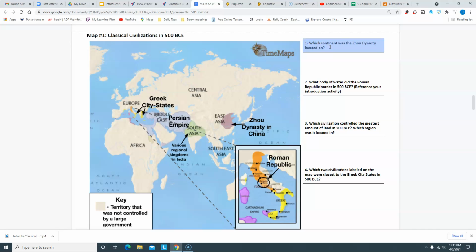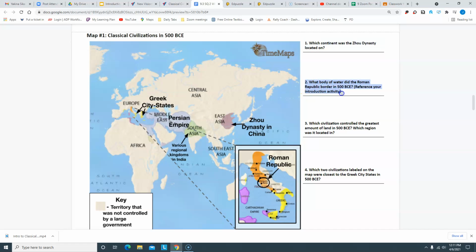Which continent was the Zhou dynasty located on? So looking at this map, find where the Zhou dynasty is labeled on the map. It's pointing to a continent. What continent is that located on? I'm going to have you answer that in the Edpuzzle now.